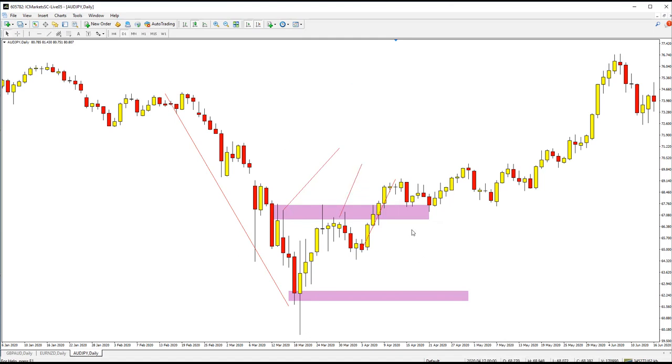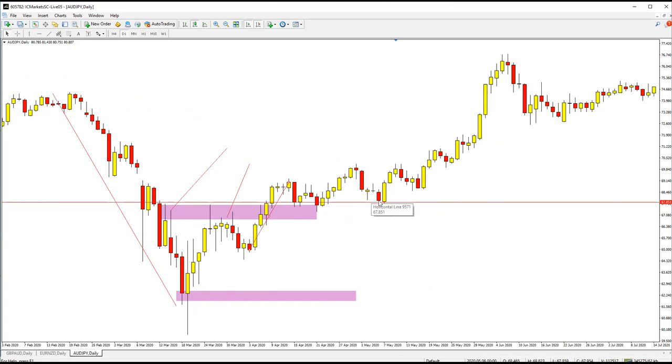From here there is a buy setup. Since this is the seller zone, we don't want to buy. Price comes here, buyers come back. If we don't mark this zone and we mark this level, this is where the bias is. See, it came back.